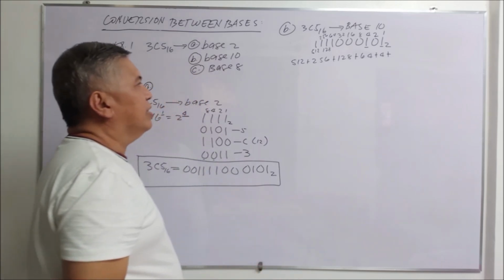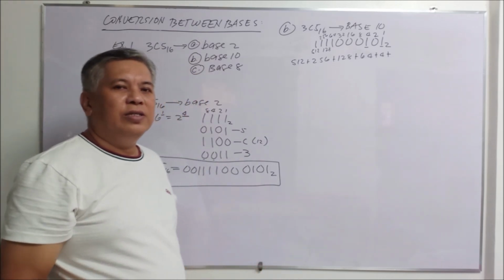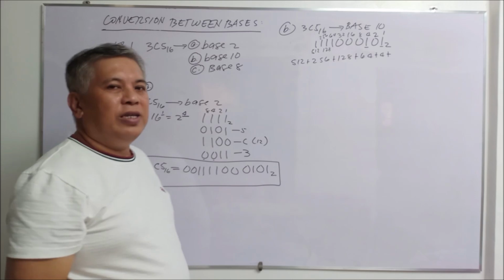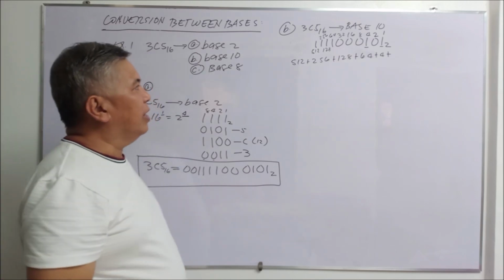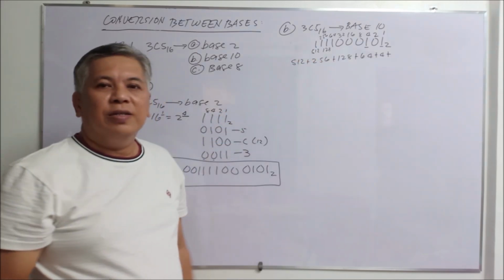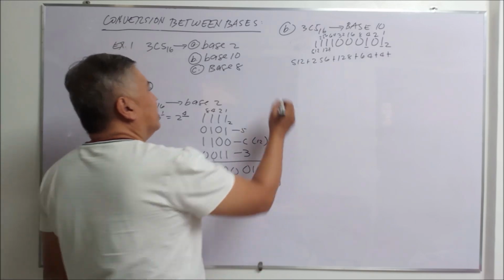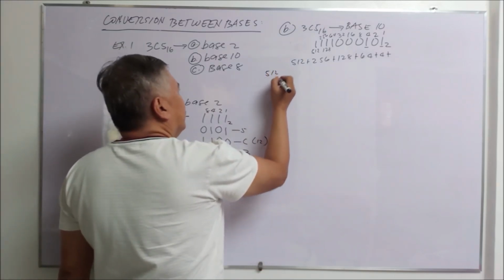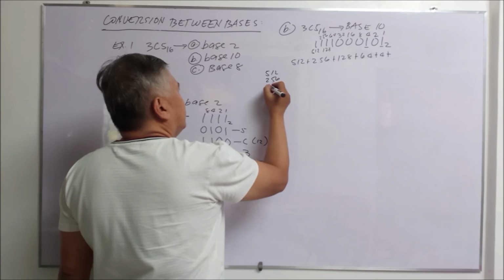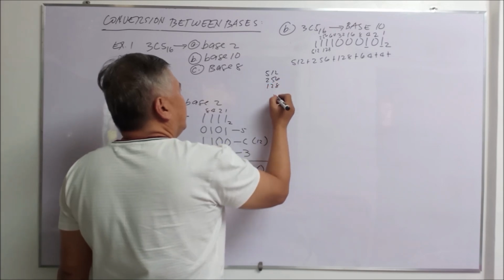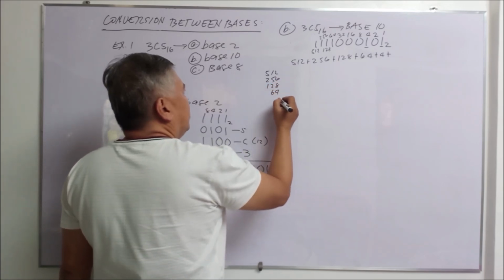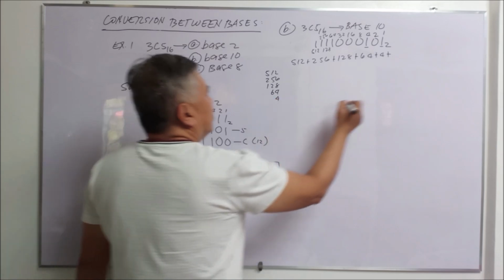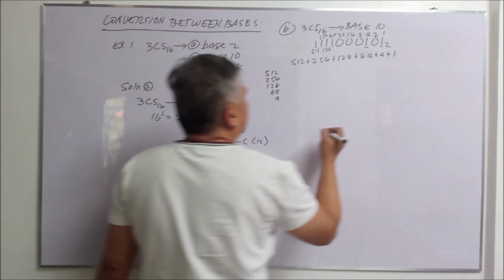So when you add, that will be the answer, or the base 10 equivalent of that particular binary number. And what is that? 512 plus 256 plus 128 plus 64 plus 4. By the way, this is plus 1.